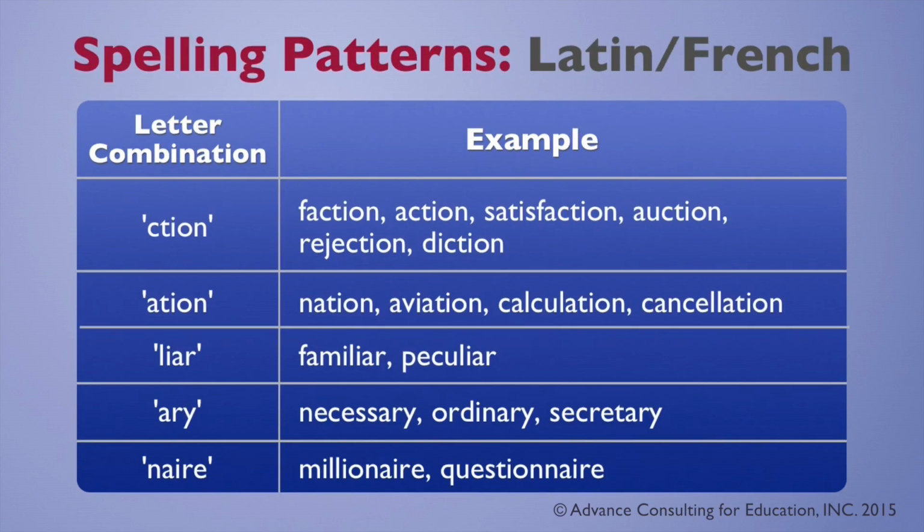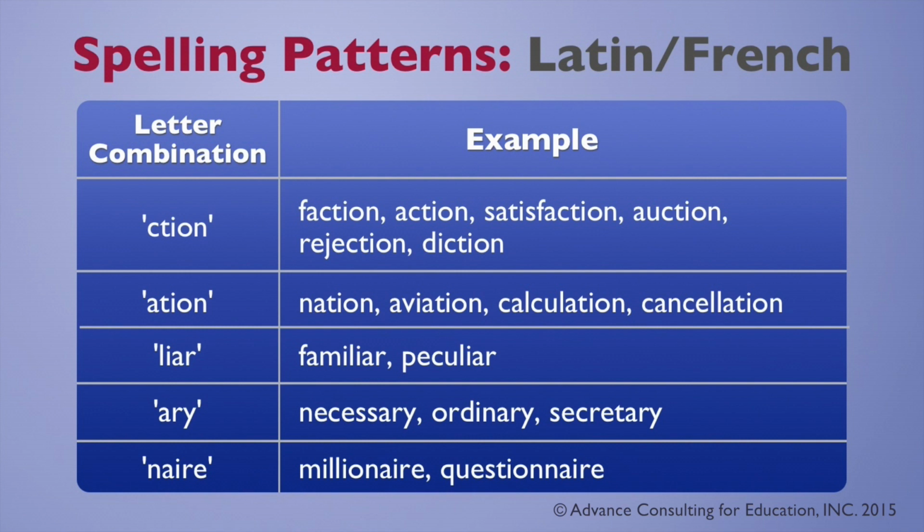There are literally hundreds of Latin and French spelling patterns in English, and here are just a few examples. So the CTION combination: faction, action, satisfaction, auction, rejection, diction, those are all Latin, French in origin. Then the ATION combination: nation, aviation, calculation, cancellation.